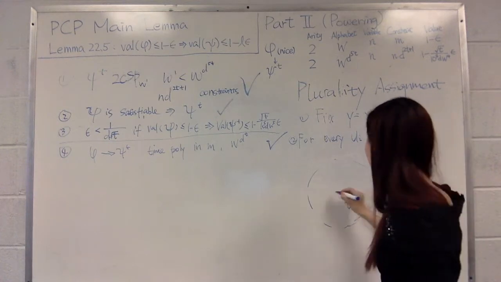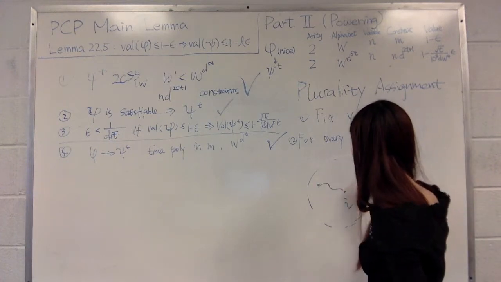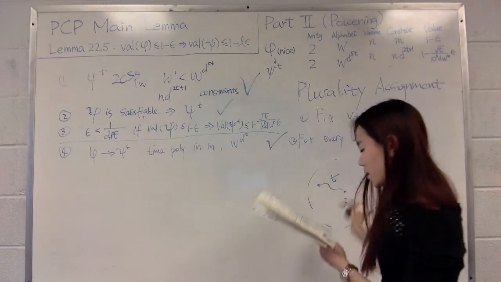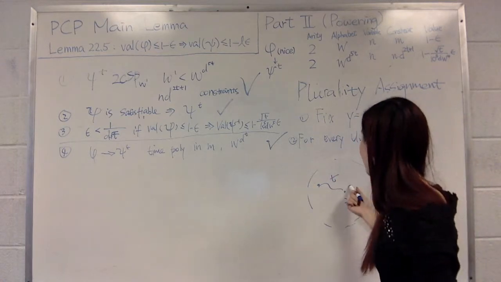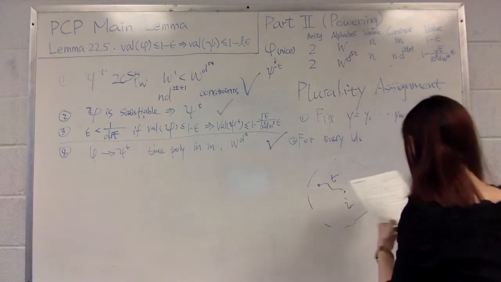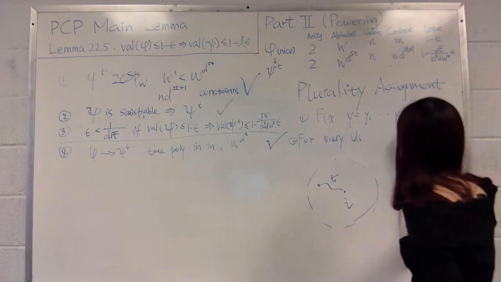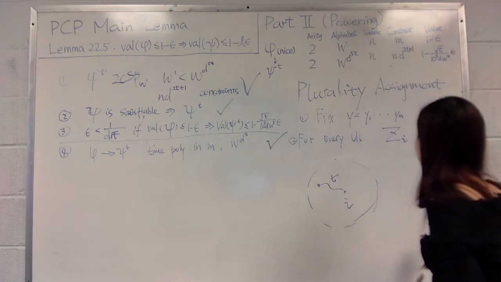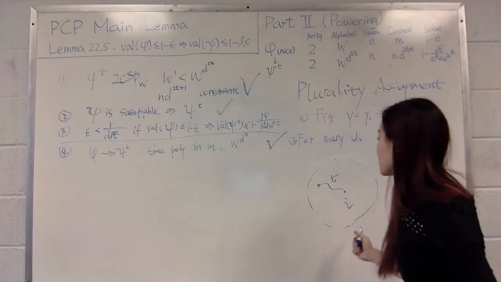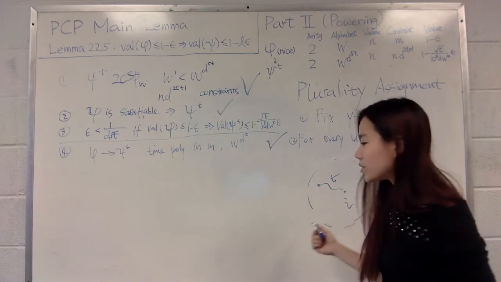Thus, we can see that for every node at distance t, it will assign a value for ui. Then we call Zi the distribution of different assignments for this ui.